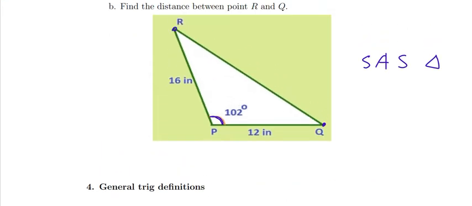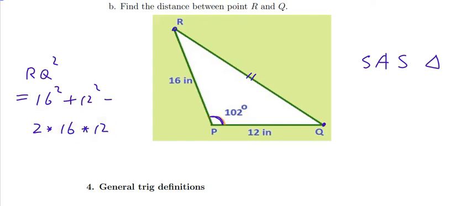We say RQ squared equals this side squared plus this side squared minus 2 times 16 times 12 times cosine of this angle, cosine 102 degrees.